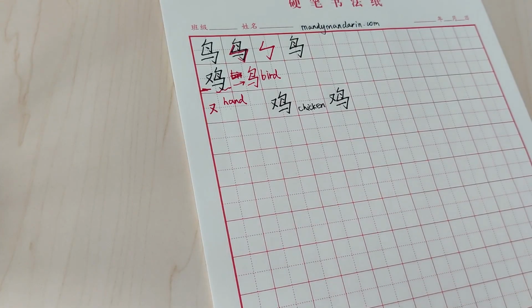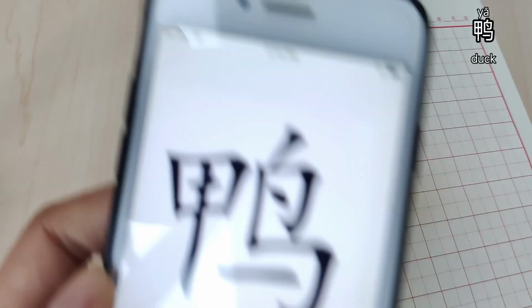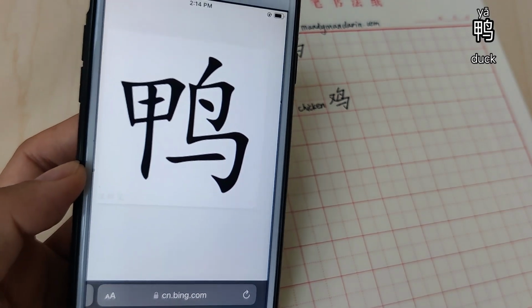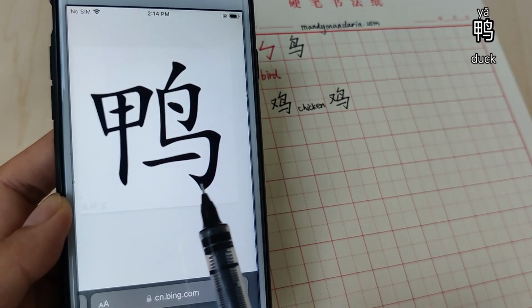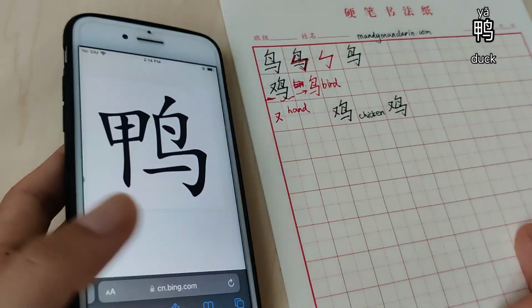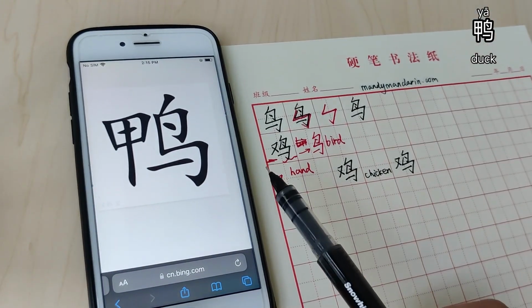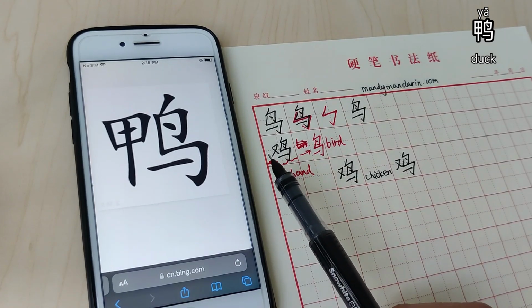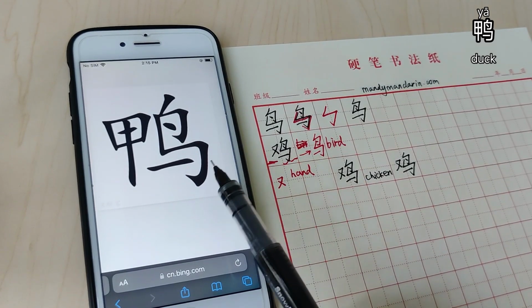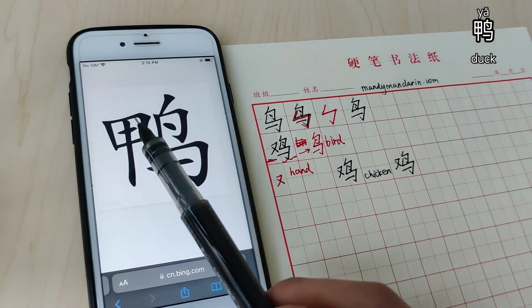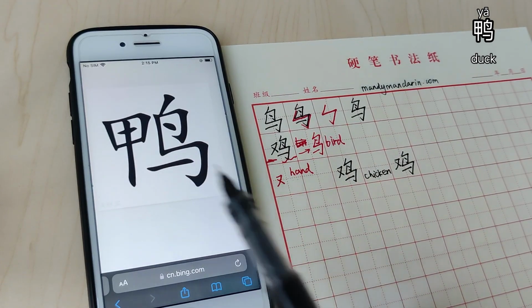Move on to the last character that we are going to practice today. That would be ya, duck. This is niao on the right, just like the ji, right? So the ji, we have this part on the left, and the ya, we have this part on the left. That's the difference. All right?